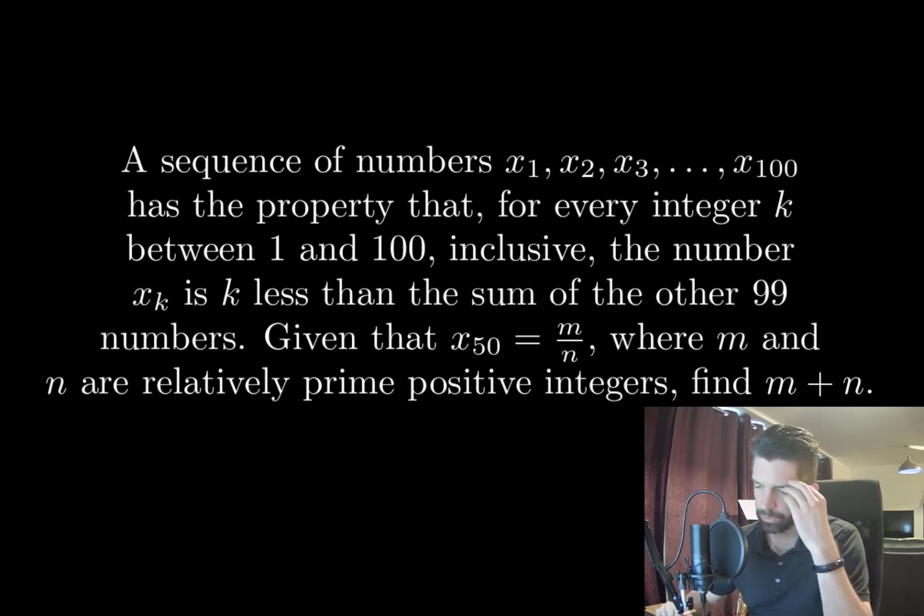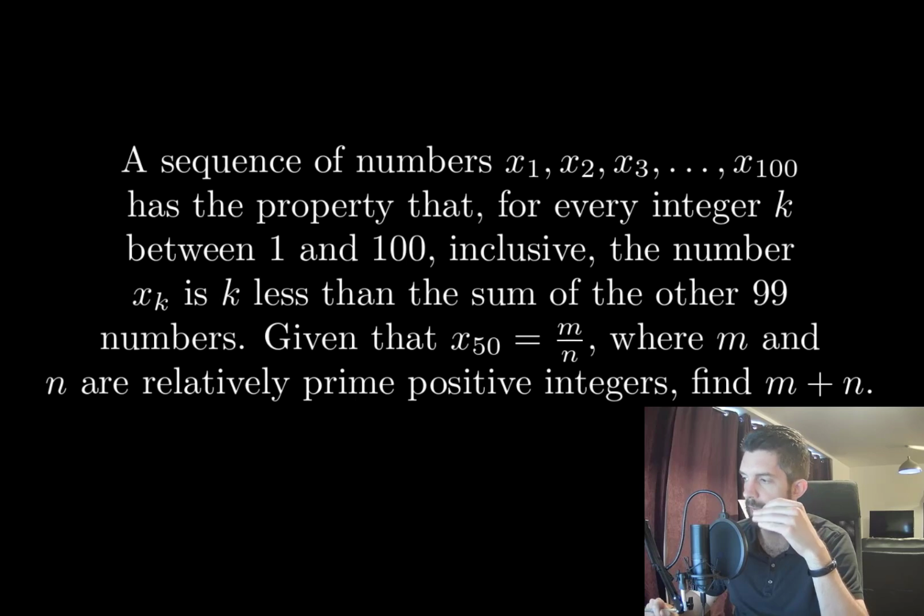I think what I'm going to start with is just writing down an equation which represents exactly the property that's given here, and then see if playing around and manipulating that equation in any way allows us to figure something out.